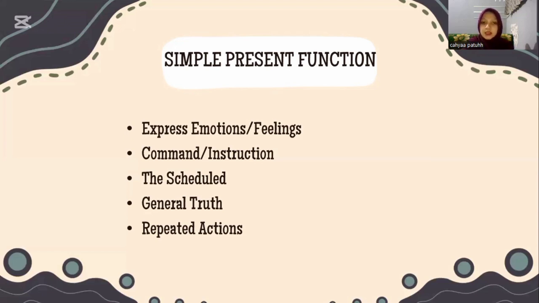Third, schedule. I will come to your party tonight. And general truth, for example, the sun rises from the east. And the last, repeated action: I go to school every 7 a.m.